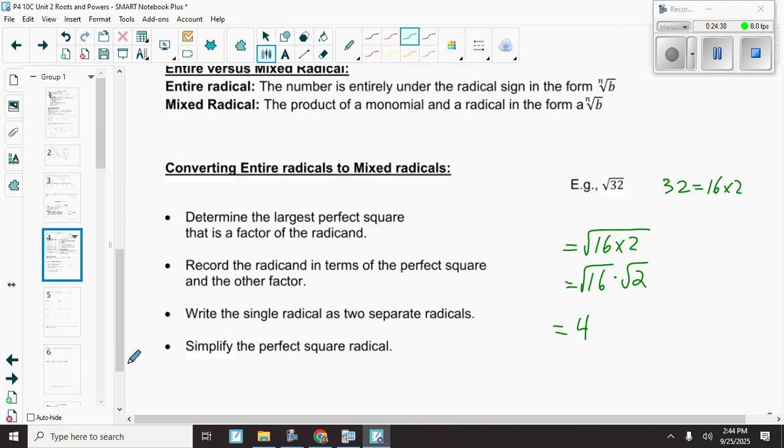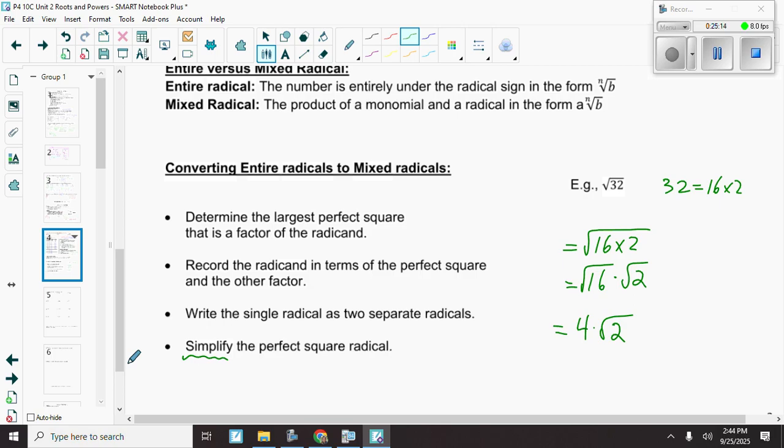From now on, I'm going to go a little faster, assuming you're keeping up with the perfect squares and their square roots. So the square root of 16 becomes 4, and we're left with the square root of 2. Don't forget there's still a multiplication in between those.